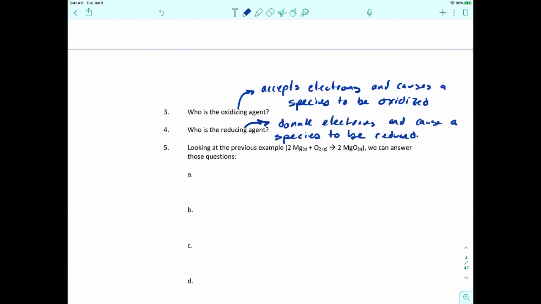Based on this previous example, we know, because we have the 2 moles of magnesium losing 4 moles of electrons, magnesium is oxidized.